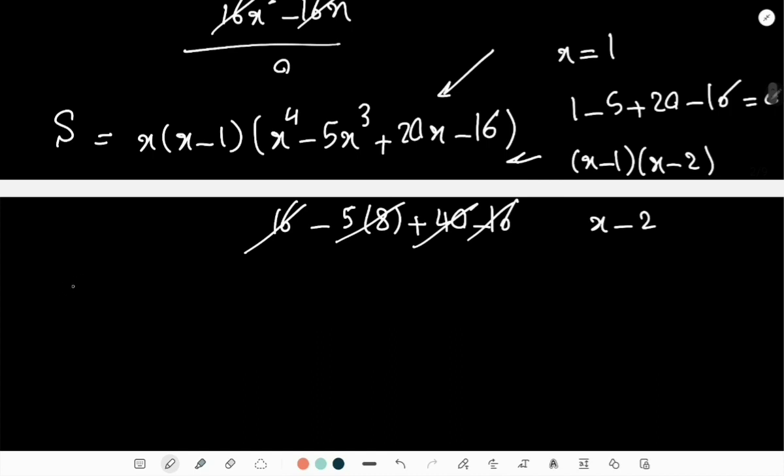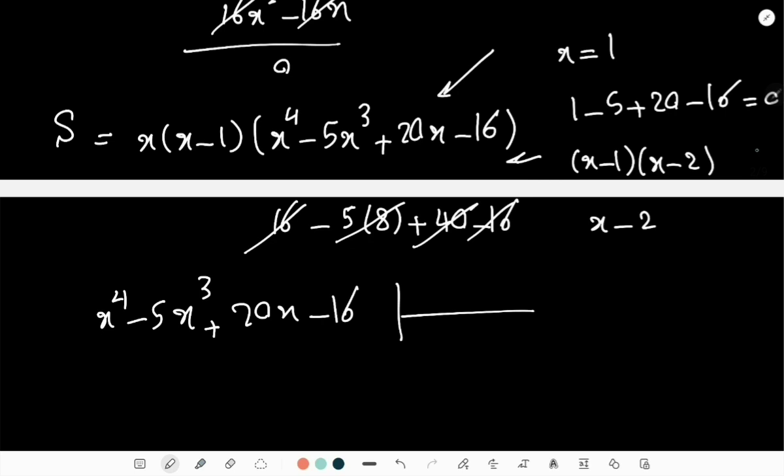So then I get s equals x times (x minus 1). Well, before actually doing that, let us just do this division. So x^4 minus 5x^3 plus 20x minus 16 divided by this factor, which is x^2 minus 3x plus 2.